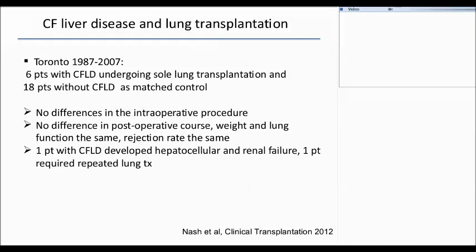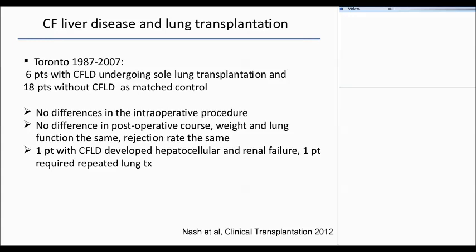When they compared data before, during, and post-transplant, there was no difference in the intraoperative procedure or in the rate of complications due to the operative procedure. There was no difference in the post-operative course between those with and without CF liver disease. Weight and lung function were the same. Rejection rate was the same.